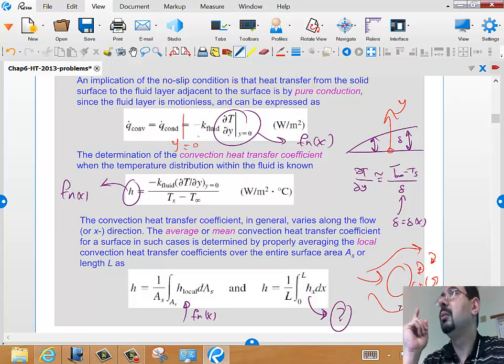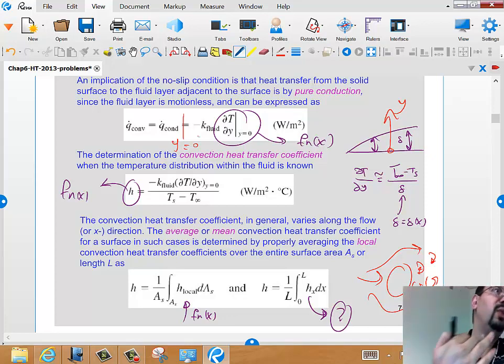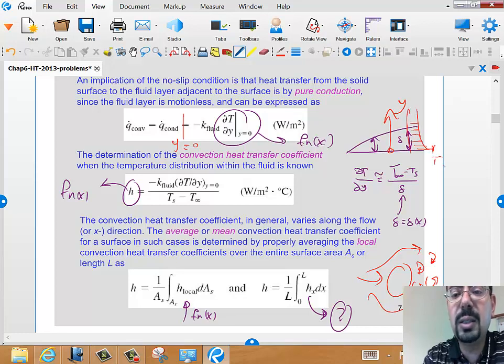Now Q conduction at y equals 0, and I'm not talking about the metal, I'm caring about the fluid, would be minus k fluid, partial T, partial y. So if only someone gave me the temperature profile here. The temperature profile could be something like this, if Ts is hot and T infinity is cold, or something like this, if Ts is cold and T infinity is hot.